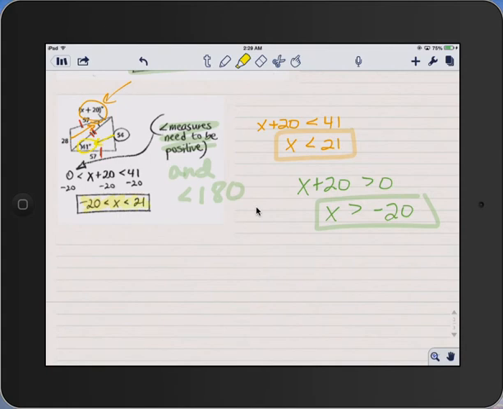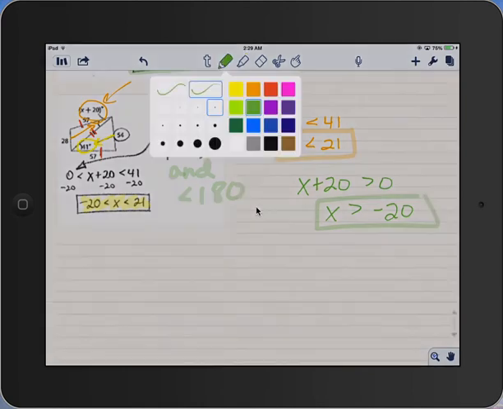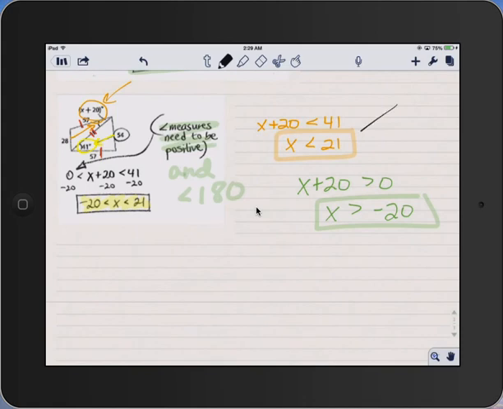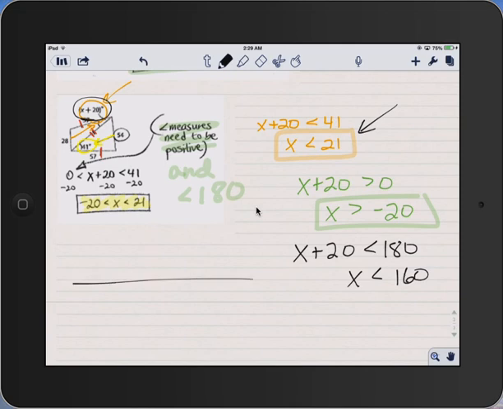Again, the less than 180 situation, you don't need to worry about that, because x has to be less than 21, so that means that if you use numbers smaller than 21, this x plus 20 will not go over 180. If you do write that x plus 20 has to be less than 180, it says x is less than 160, then you just again graph it on the number line.